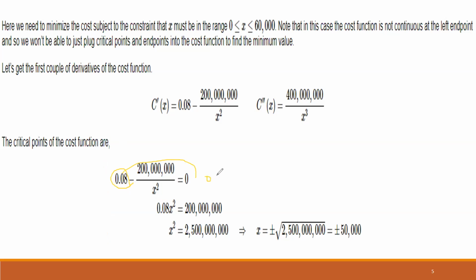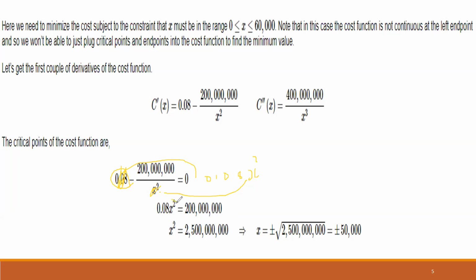It becomes 0.08, right, so that is no longer there. Next step, take this over. This division here becomes multiplication, so it's multiplied by x squared. And this alone will remain over here, 200 million. So we have 0.08 x squared is equal to 200 million.